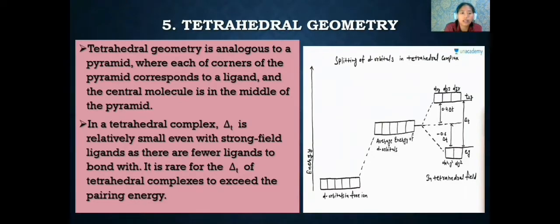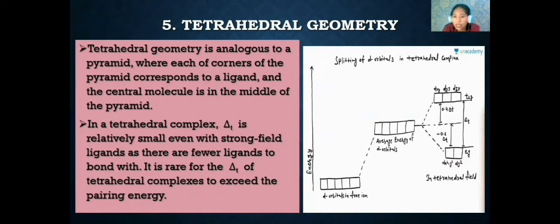In a tetrahedral complex, the delta T, or delta tetrahedral, is relatively small even with strong field ligands, as there are fewer ligands to bond with. So it is rare for the delta T of tetrahedral complexes to exceed the pairing energy.